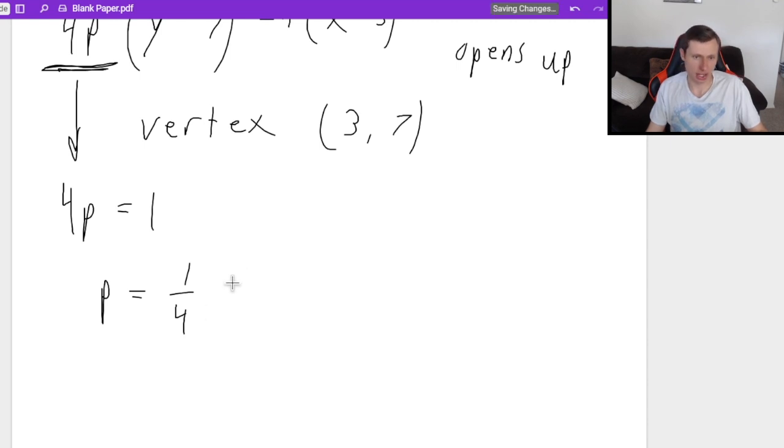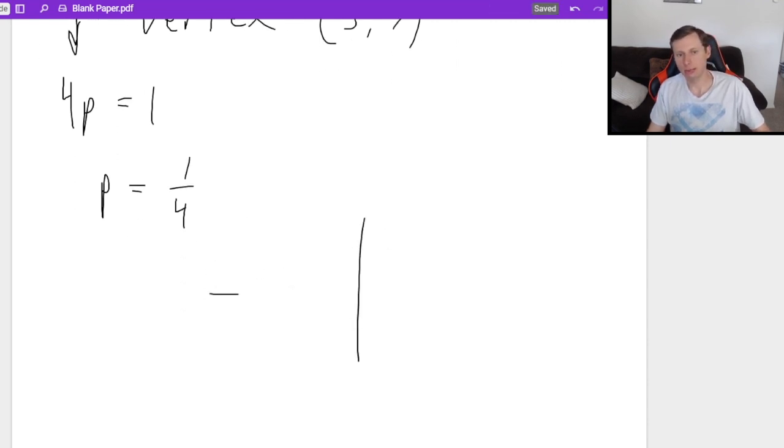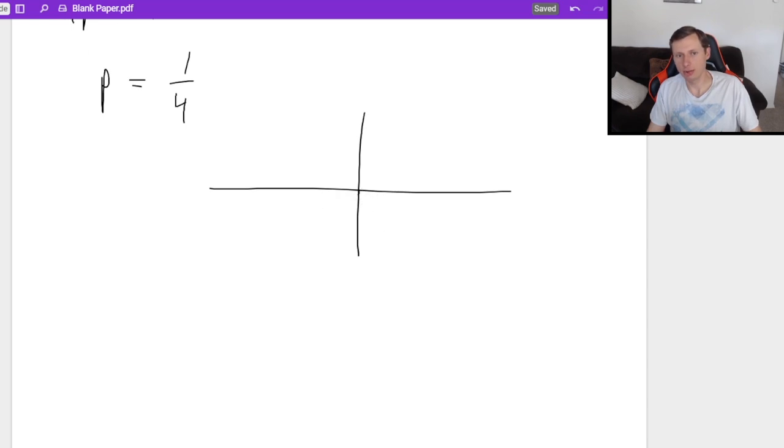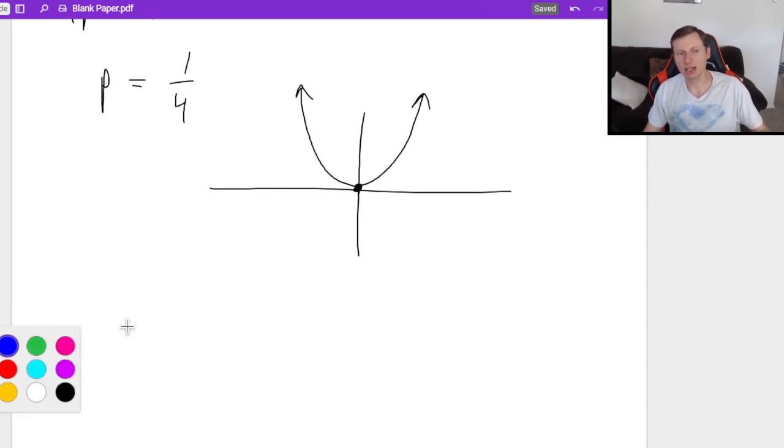So let me just draw this parabola right now, and then maybe you can start to see what I'm talking about. I know the vertex was at (3, 7), but let's just say it's at (0, 0), because I just want to make this as easy as possible. So here's the vertex at (0, 0) for my new parabola, and a parabola that opens up is going to generally look like this. Now, if I have a directrix at 1/4, what's a directrix? It's a dotted line on the other side of the parabola.